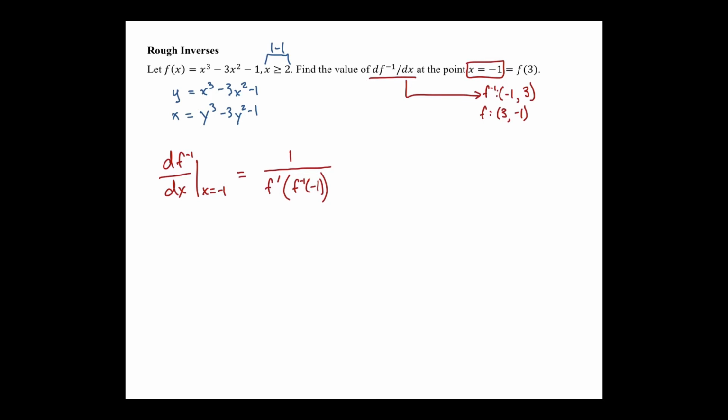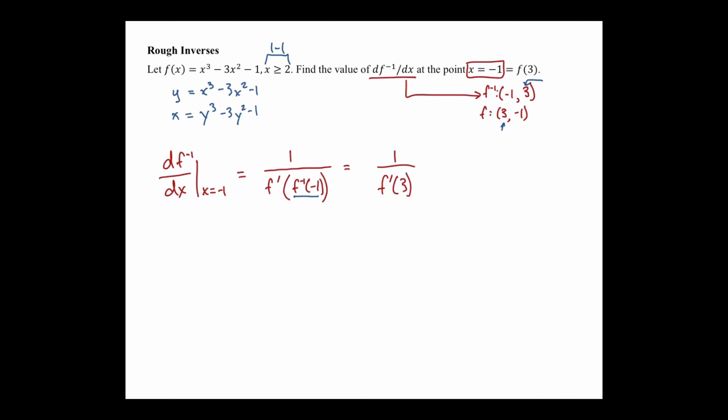Okay, well, f inverse of -1, that is going to be the x value of the original function, or the y value of the inverse. So that's 3. So let's go ahead and just write this as f prime of 3.